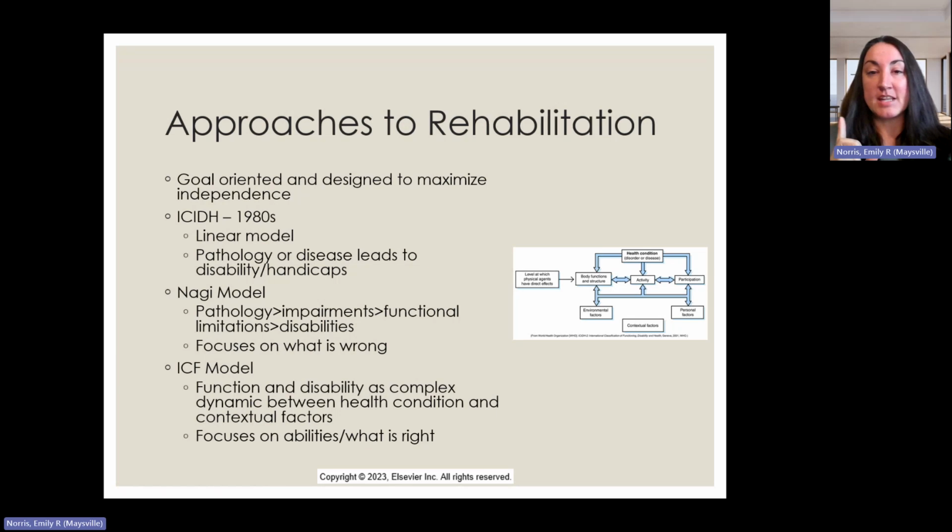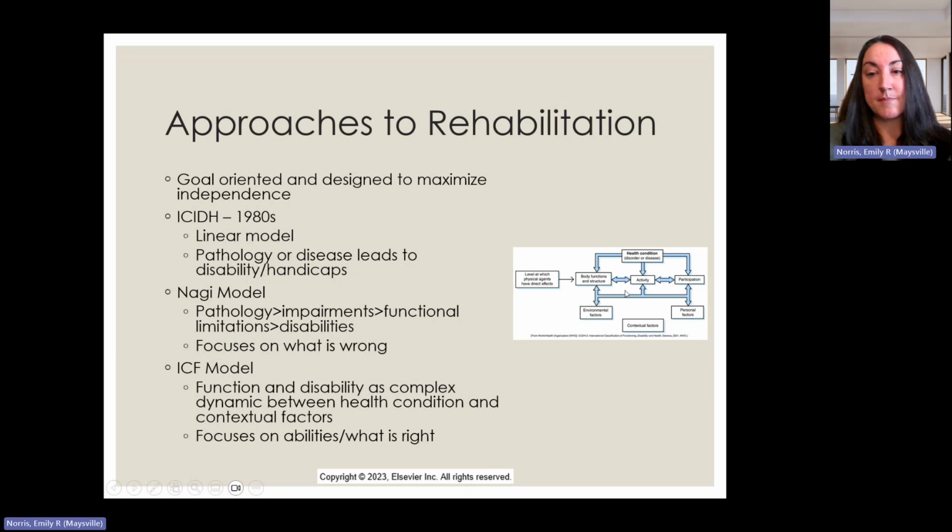And in that model, we're using function and disabilities, looking at them as a complex, dynamic association between health conditions and contextual factors, but here we're focusing on how to help, what is right, and getting the most function back for a person. So this is what we'll use most often.